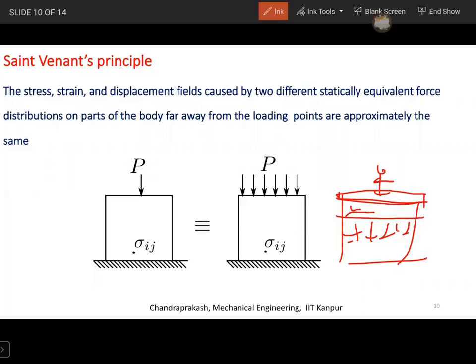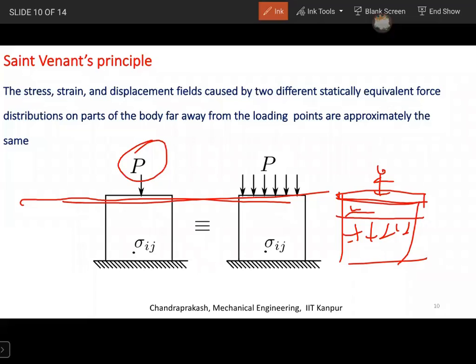Saint Venant's principle tells us the following. Let's say your objects are large, or even if they are small, this is what it says. Let's say you're applying the load around this region on the top surface, and you're applying identical load.